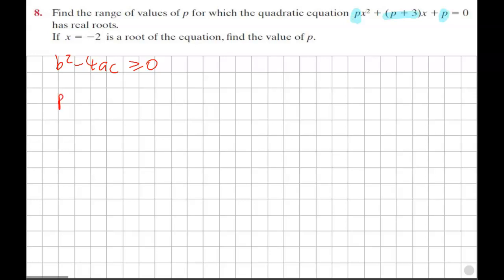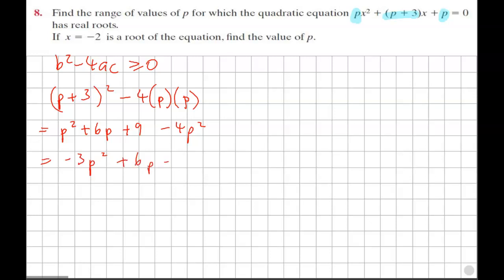So b squared is (p plus 3) all squared minus 4 lots of a lots of c. So that's my discriminant. That ties up to become p squared plus 6p plus 9 minus 4p squared, which ties up further to being minus 3p squared plus 6p plus 9.